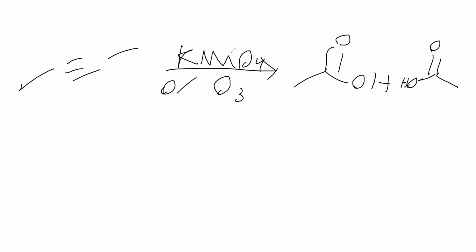So just know that when we're cleaving a triple bond, it doesn't matter what reagent we use, both of them will lead to carboxylic acid because it just fully oxidizes it. So unlike with alkenes, this is something that's a bit different. But you could remember that KMnO4 does the same thing with both of them, I suppose.